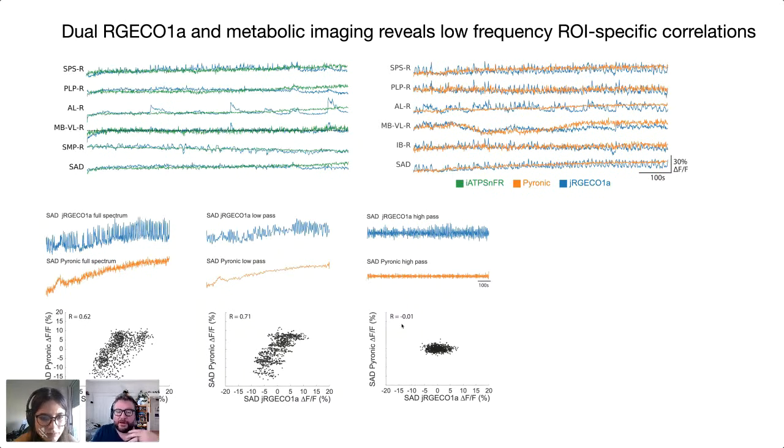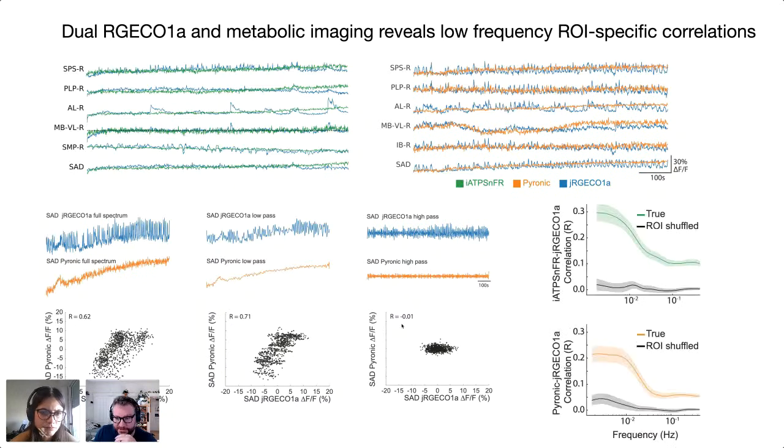If we compare all ROIs across all flies with all three sensors, you can see that the correlation with the ATP sensor peaks at about 0.3. So it's good, and then it drops off precipitously, not to zero, but to low at the higher frequencies that we measure.